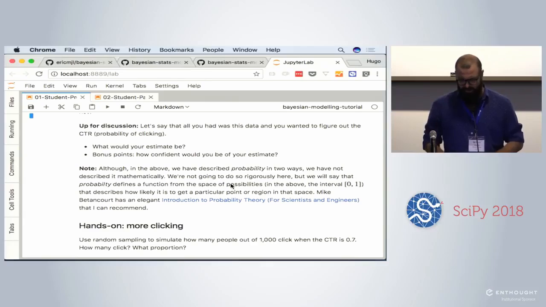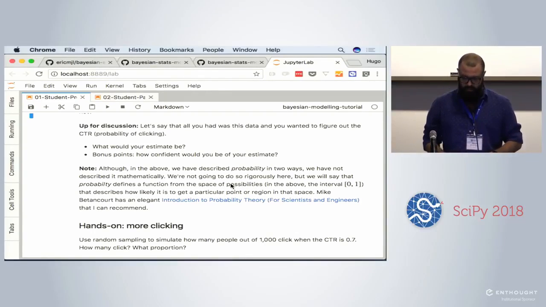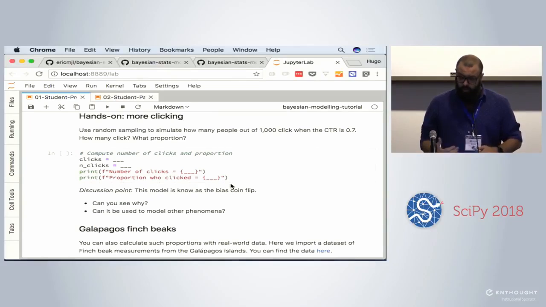Now I'm just going to give a small note because I don't want to go down this rabbit hole. We've described probability in two ways: in terms of a degree of belief and in terms of long-term frequencies. Now, these are both relatively vague ways of speaking about probability. What I want to say is that probability actually defines a function from the space of possible values, which in this case is the interval 0 to 1, that describes how likely it is to get a particular point or region in that space.